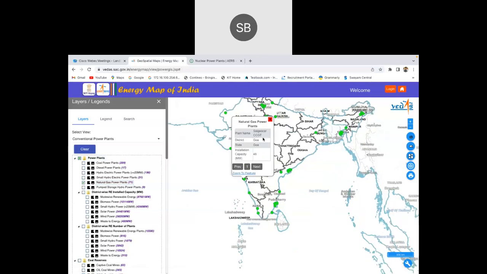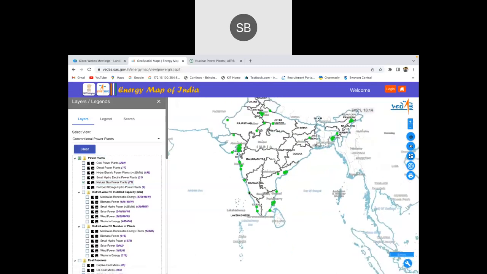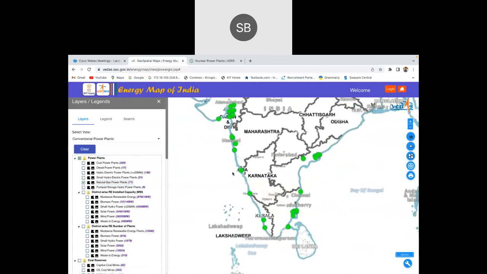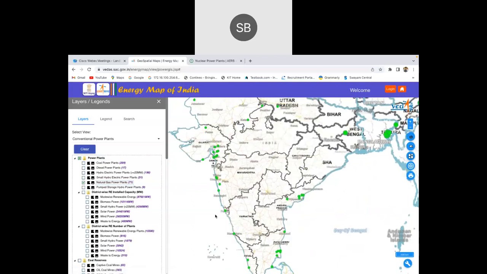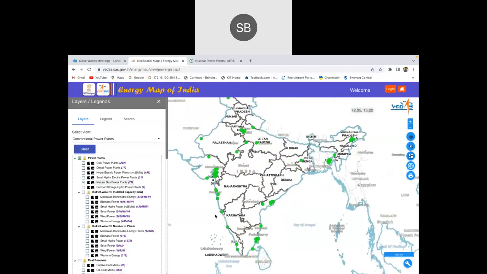Similarly, three different power plants have been installed in Maharashtra. Then in Goa there is one, the Salgaonkar gas turbine power plant, which has an installation capacity of 48 megawatt. So these are the gas turbine power plants situated in India.